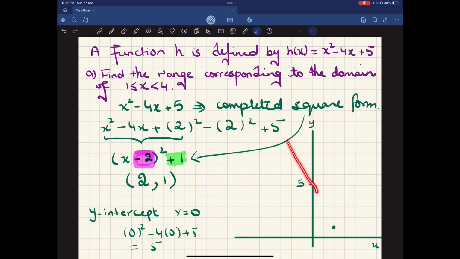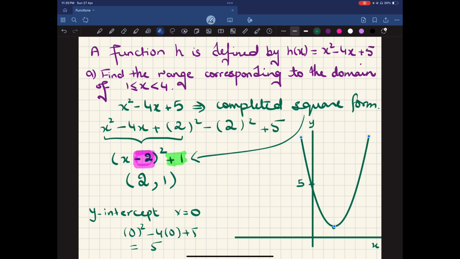It's going to cross the y-axis at 5 and it's going to turn at (2, 1). So make a couple of hand sketches before actually using the pencil to sketch. That way you'll be able to make a better fit on your graph. So this is the turning point, it crosses at 5, and your graph is going to be something like this.